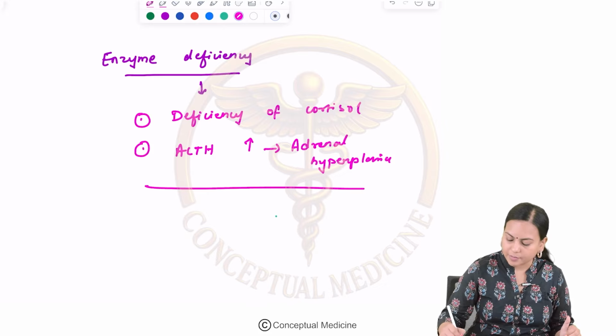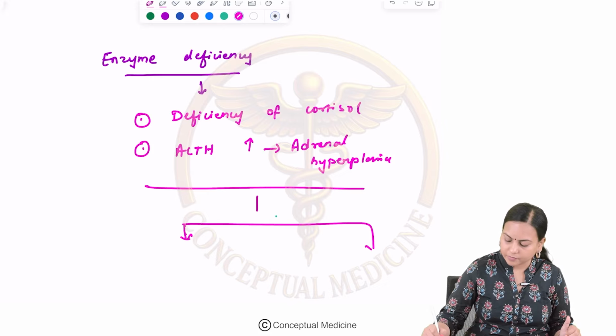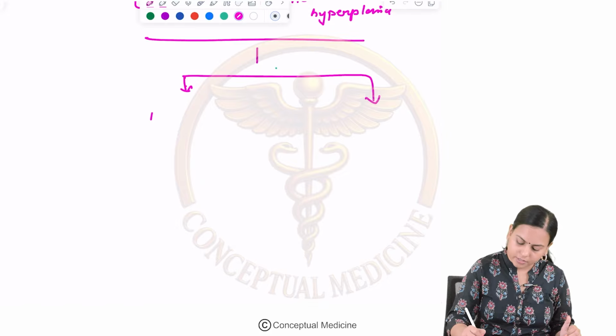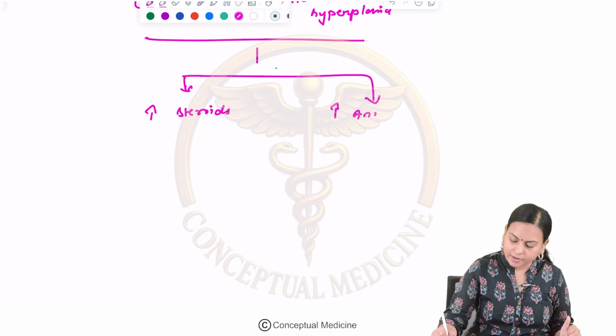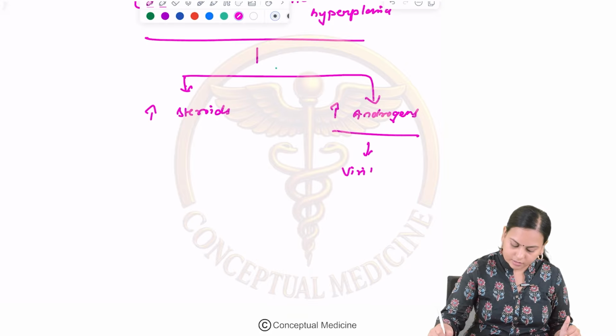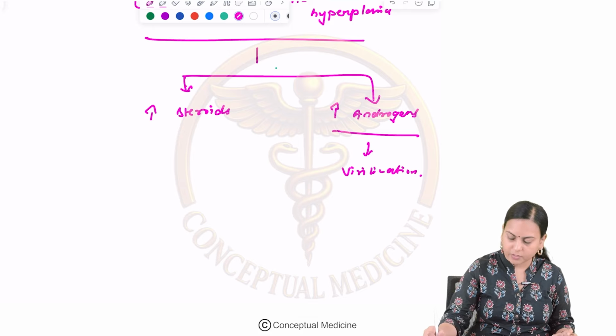Because of adrenal hyperplasia, there can be increased steroids or increased androgens as well, that will be resulting in virilization. Okay.